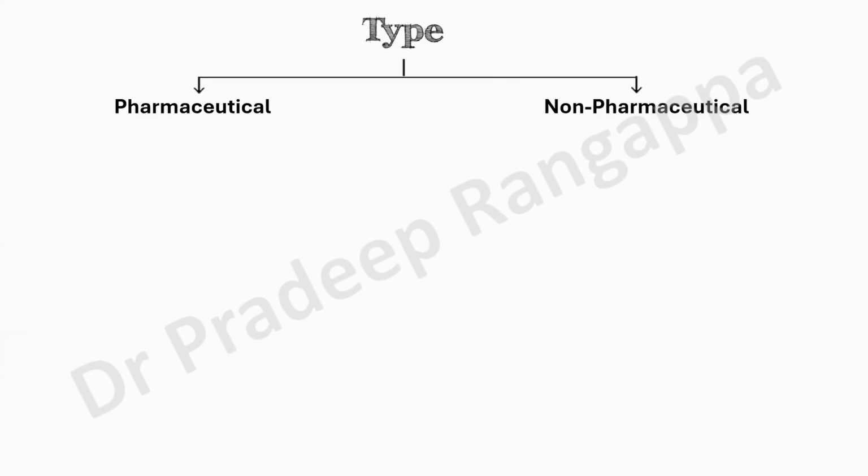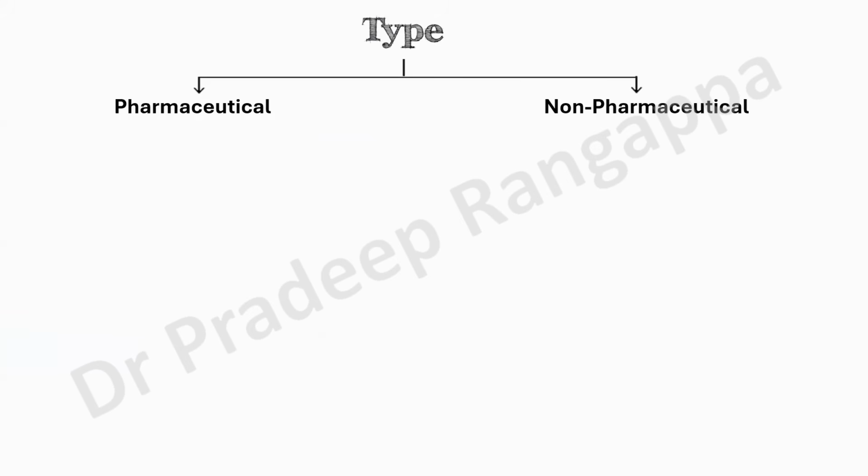When we look at poisoning in the ED, we could broadly divide them into pharmaceutical toxicity or poisoning and non-pharmaceutical. When we talk about pharmaceutical, obviously there are a lot of drugs. It can be beta blockers, calcium channel blockers, or sedative hypnotics, and so on.